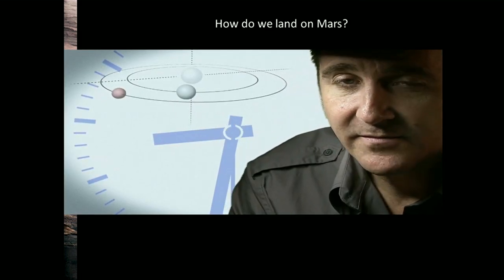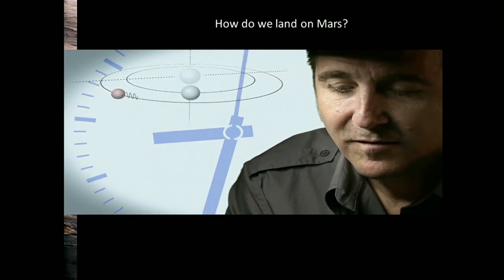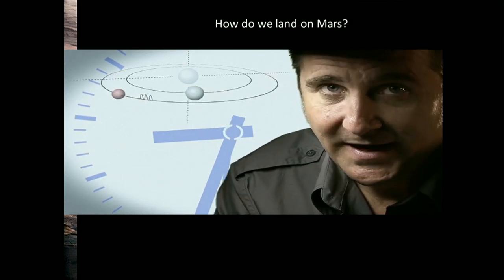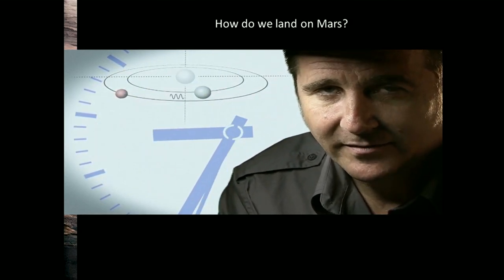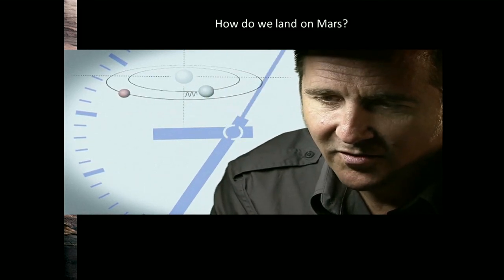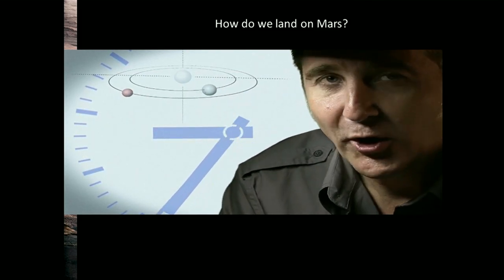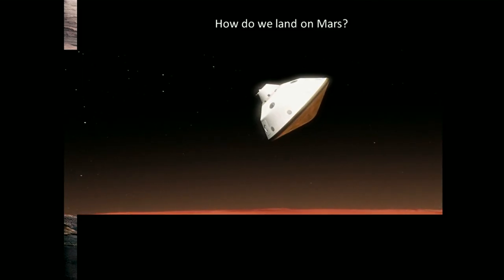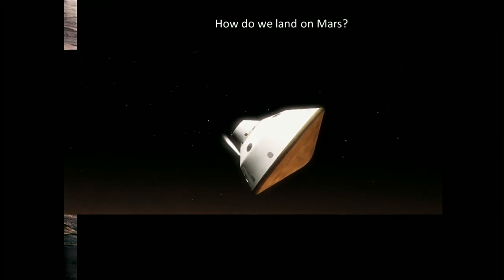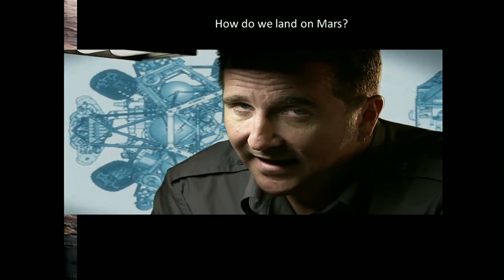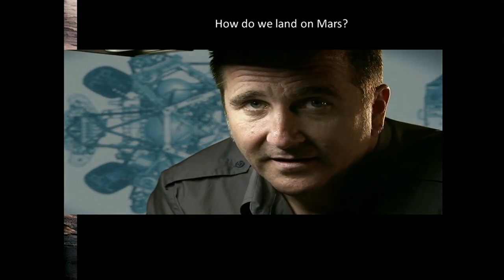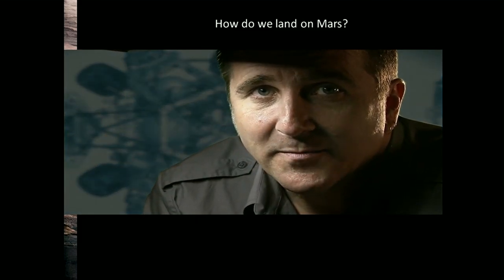It takes 14 minutes or so for the signal from the spacecraft to make it to Earth. That's how far Mars is away from us. So when we first get word that we've touched the top of the atmosphere, the vehicle has been alive or dead on the surface for at least 7 minutes.